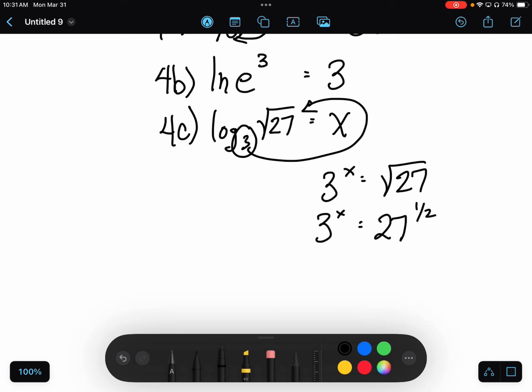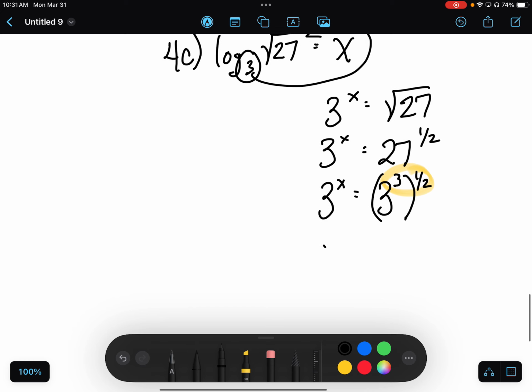And then in this section, we had it be where the 3 and the 27 could be rewritten as the same number. 27 is 3 to what power? Third. Good. So that becomes 3 to the x equals 3 to the third to the 1/2 power. Well, then these two end up multiplying with each other.